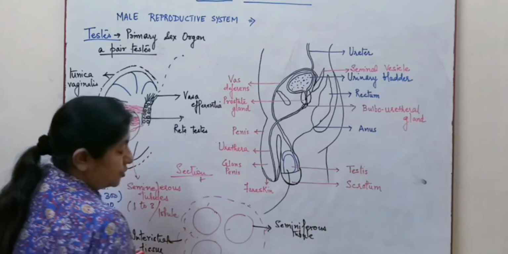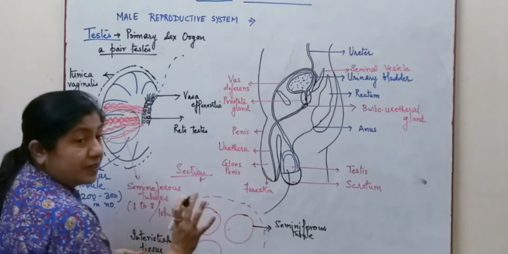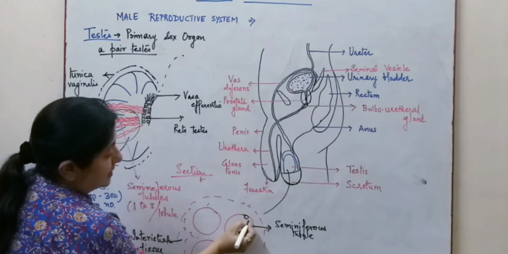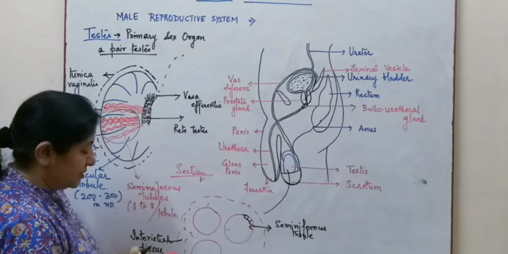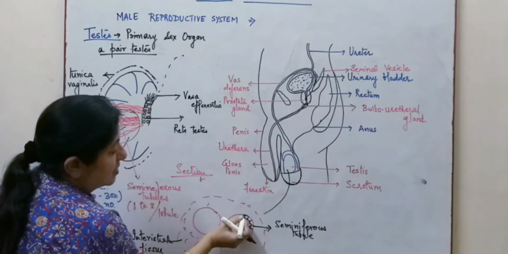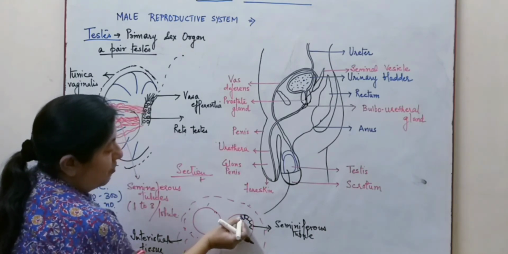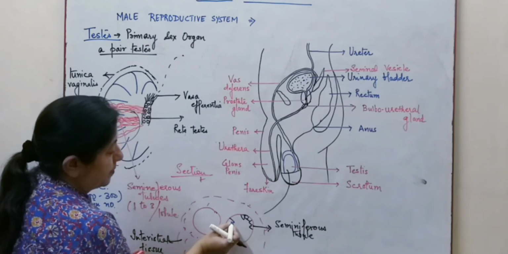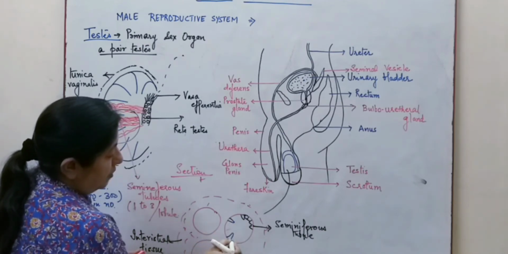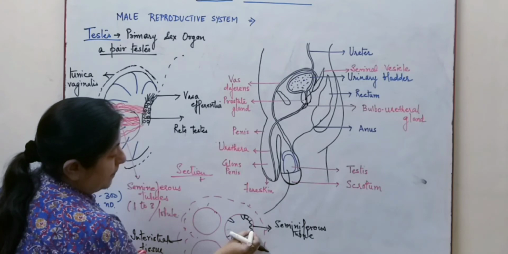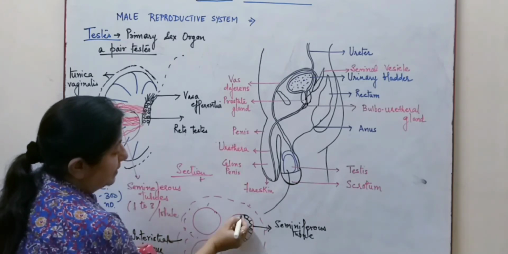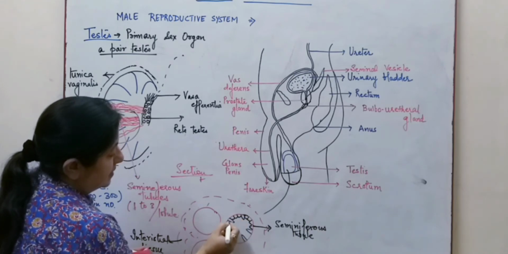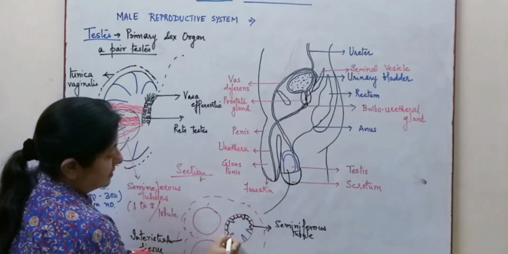This seminiferous tubule has two types of cells. One are the cuboidal cells, and there are certain cells which are slightly elongated or triangular in shape. So if we draw like this, these are triangular shaped cells, and that is cuboidal cells.